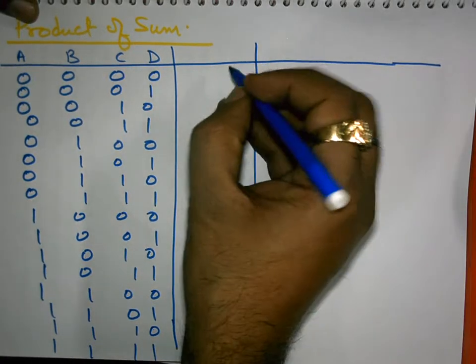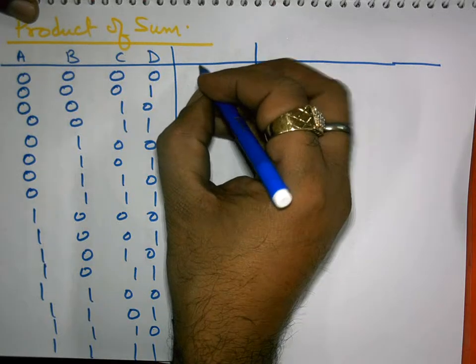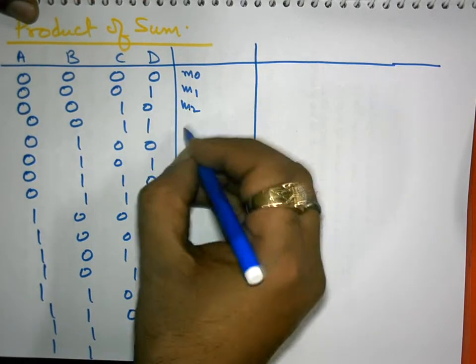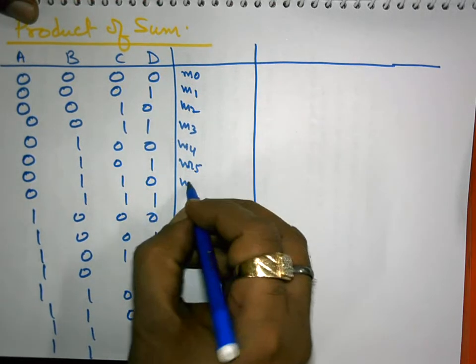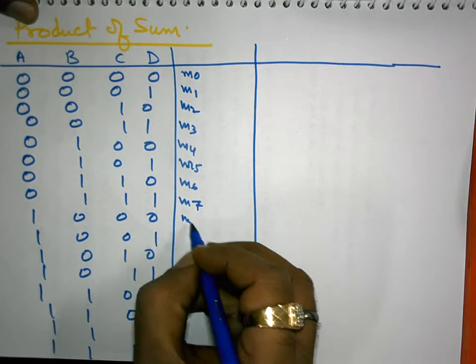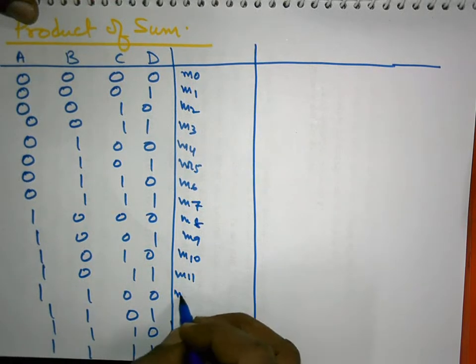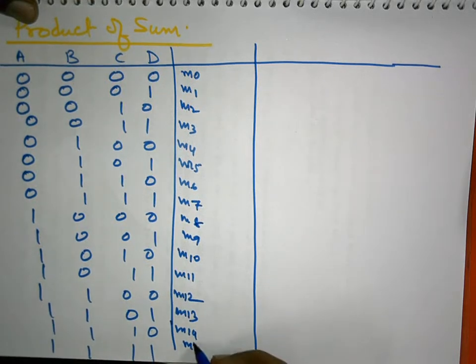If I write the min terms corresponding to this, the min term designations will be M0, M1, M2, M3, M4, M5, M6, M7, M8, M9, M10, M11, M12, M13, M14, and M15.